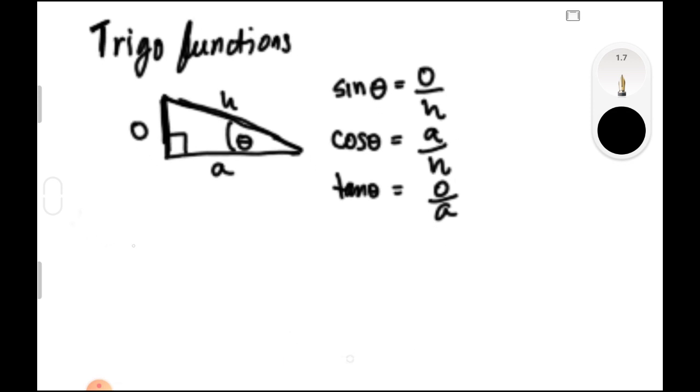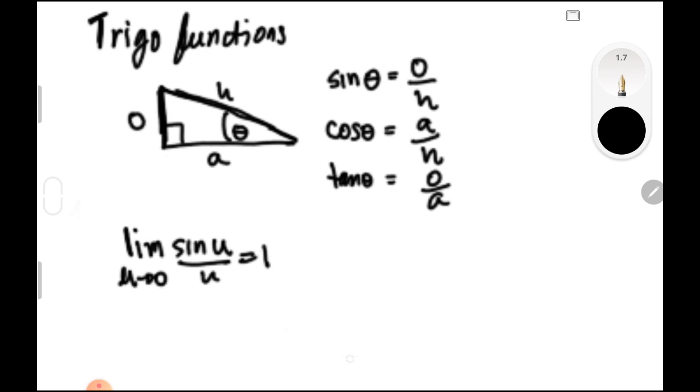The first theorem is our limit of sine u over u as u approaches 0 is always equal to 1. This can be proved by substituting any value of u which is approximately equal to 0, let's say 1 times 10 raised to negative 10.